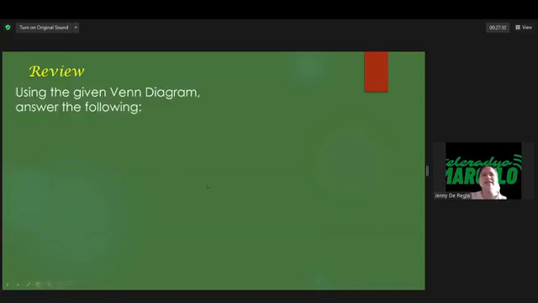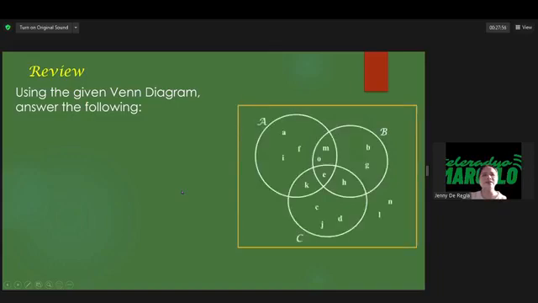Using the given Venn diagram on the right, kindly answer the following. What is the set of elements of A? You may type your answer in the comment box.